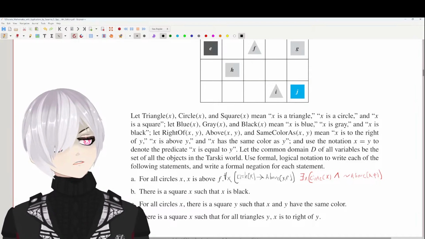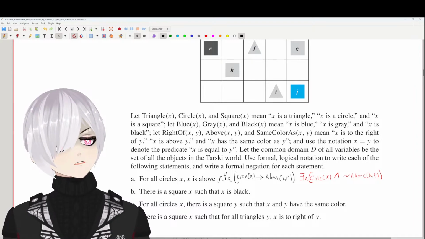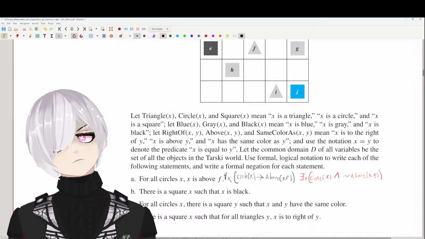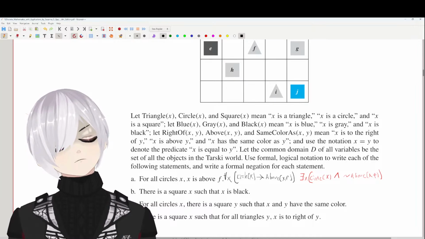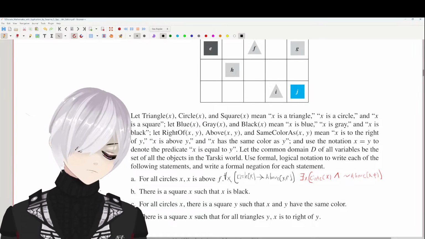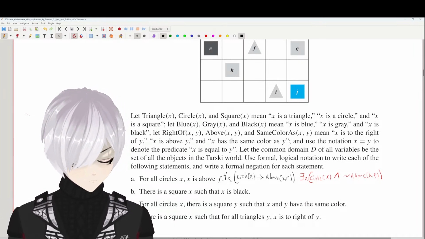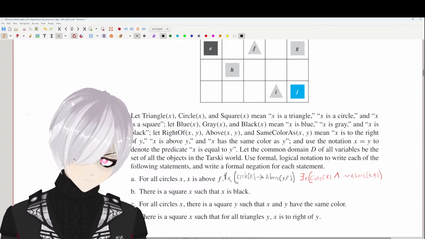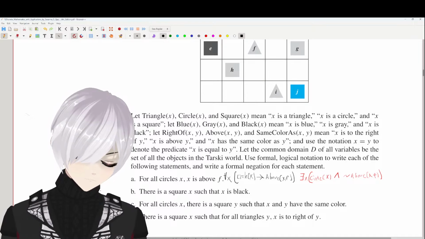If the hypothesis is true and the conclusion is true, the whole thing is true. But the key thing is that when the hypothesis is true and the conclusion is false, that's the one case where the whole conditional is false. So, like you said, the negation of the conditional is saying hypothesis and not conclusion.